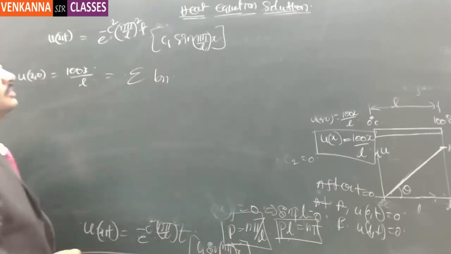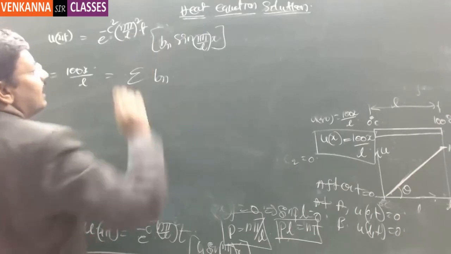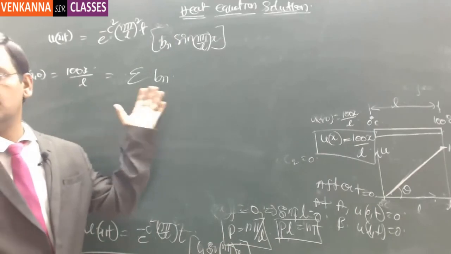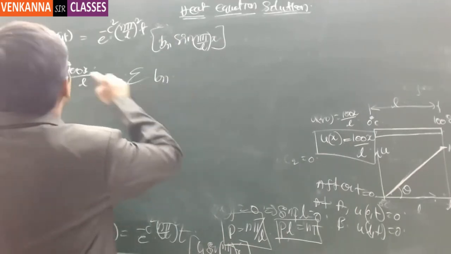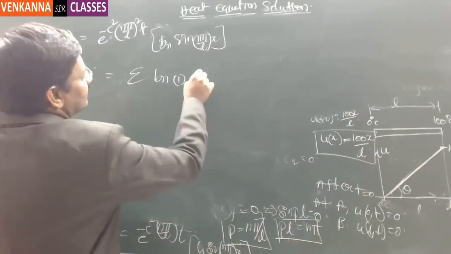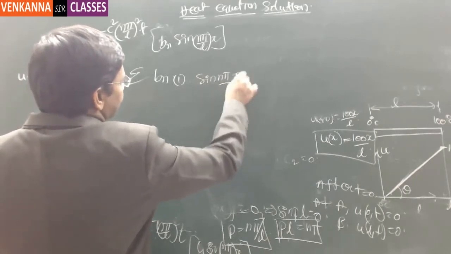This c1 you can replace as Bn, because we have introduced n, as I said earlier. If the distribution is in this format, then you can express it as a Fourier half-range series. So Bn, at t equal to 0, this is going to be 1, and then sin n pi x by L.